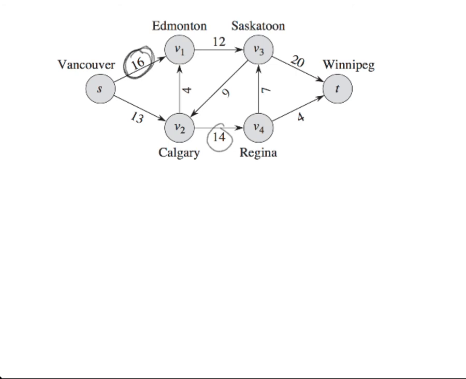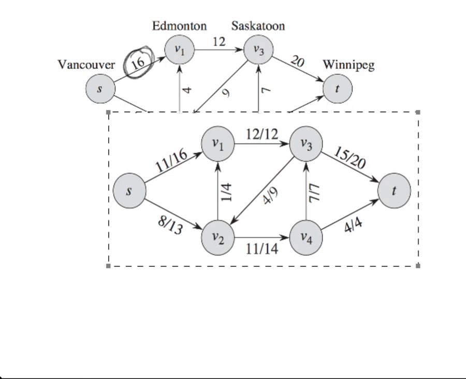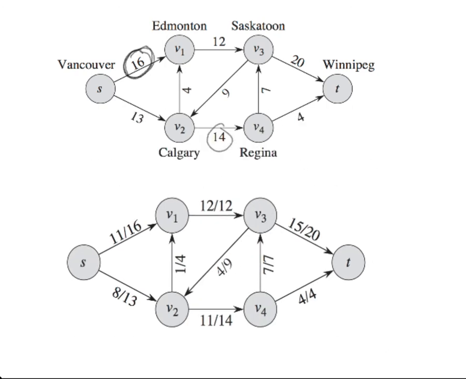And that brings up the second figure, which shows both capacities. Here's the capacity for Vancouver to Edmonton, and here is the actual flow. We're actually going to send 11 crates per day from vertex S to vertex V1, which correspond to those two cities.